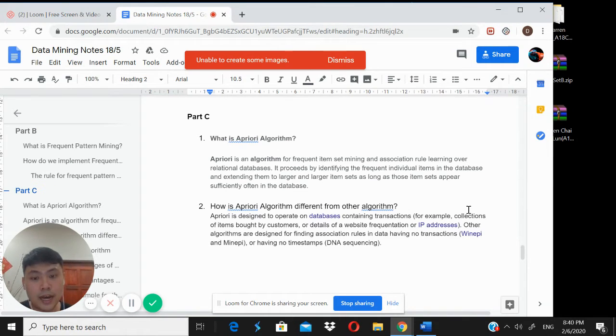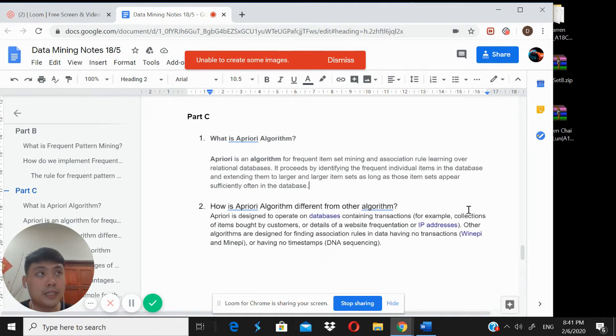Whereas the other types of algorithms, they actually do not really focus on the business side. They focus on maybe DNA sequencing, the medical side, which does not involve any transactions.